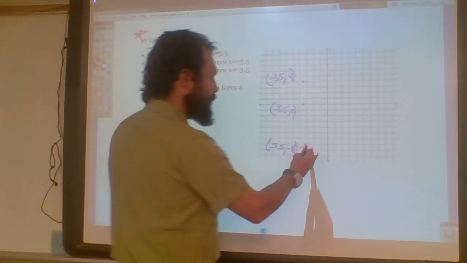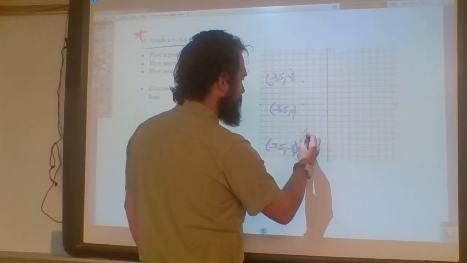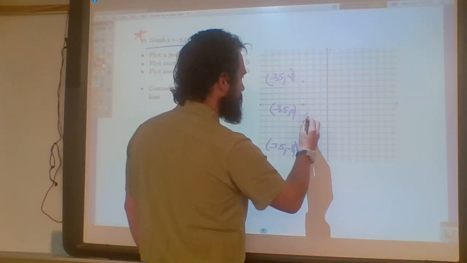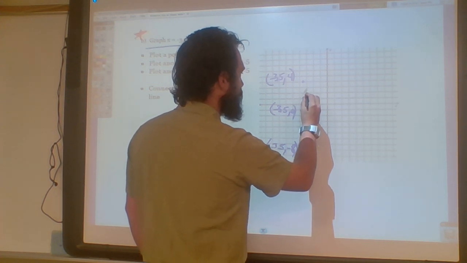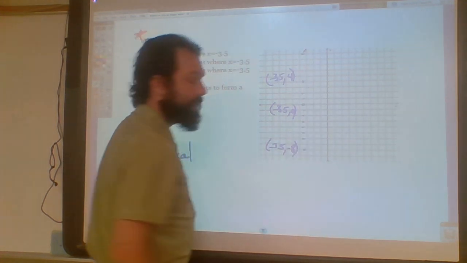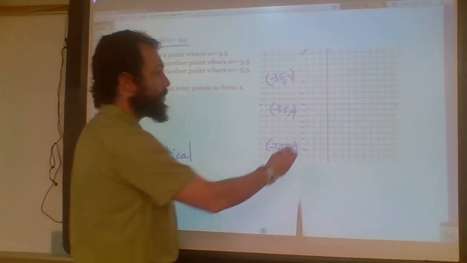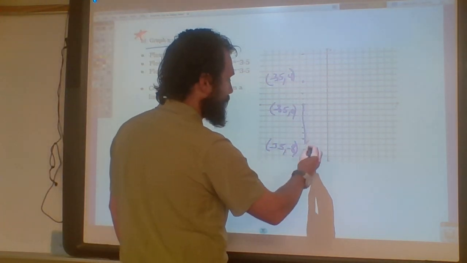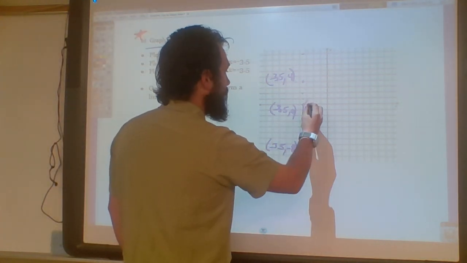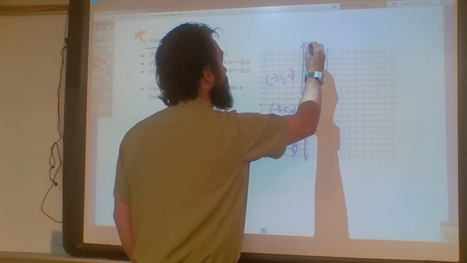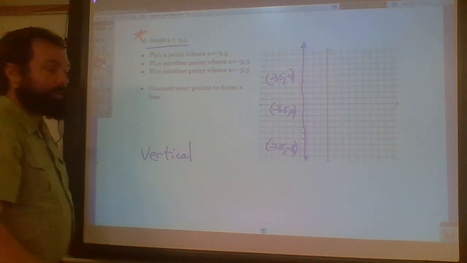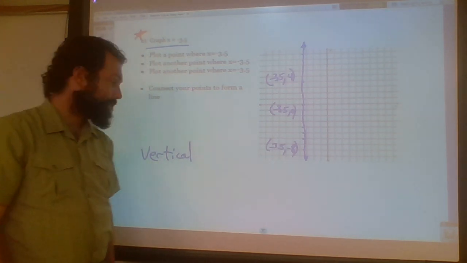And if I locate more and more points where x equals negative 3.5, I should see a line start to form. And if I connect all these points where x equals negative 3.5, we will see a vertical line form.